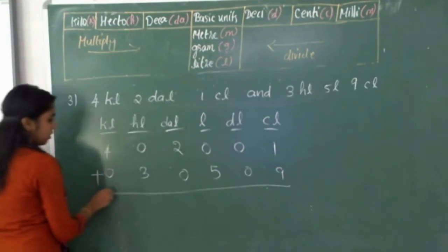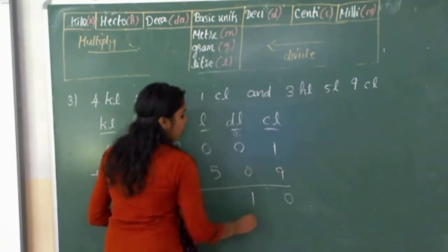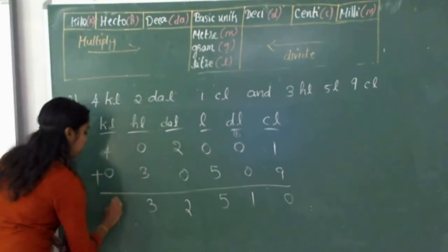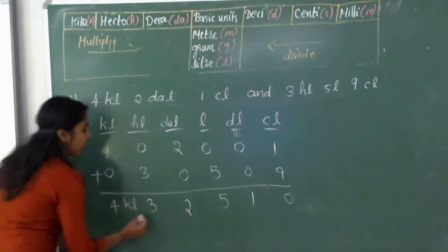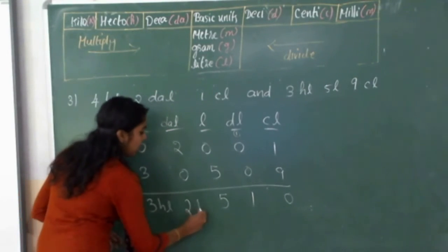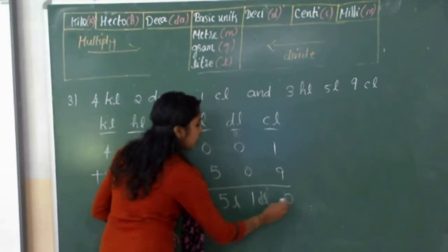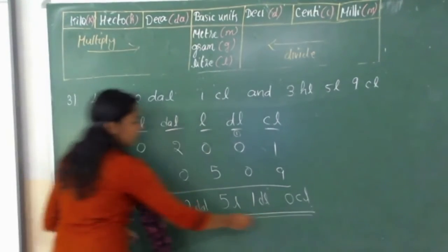Deciliter also absent. Then 9 plus 1 is 10, 0 and carry 1, 1 here, 5, 2, 3, 4. So, what's the answer? 4 kiloliter, 3 hectoliter, 2 decaliter, 5 liter, 1 deciliter, 0 centiliter.